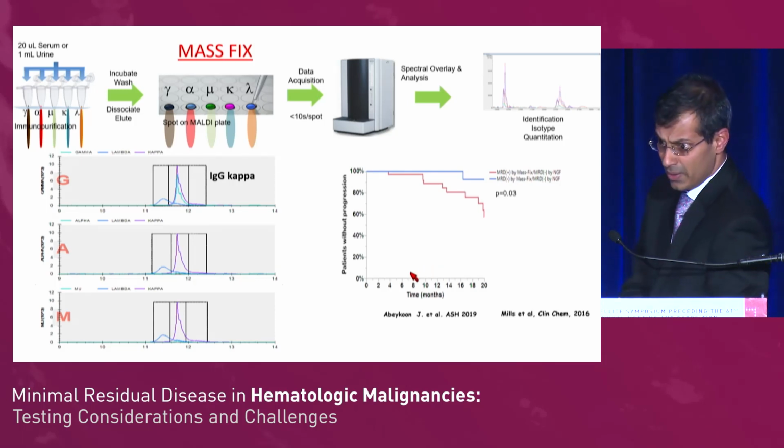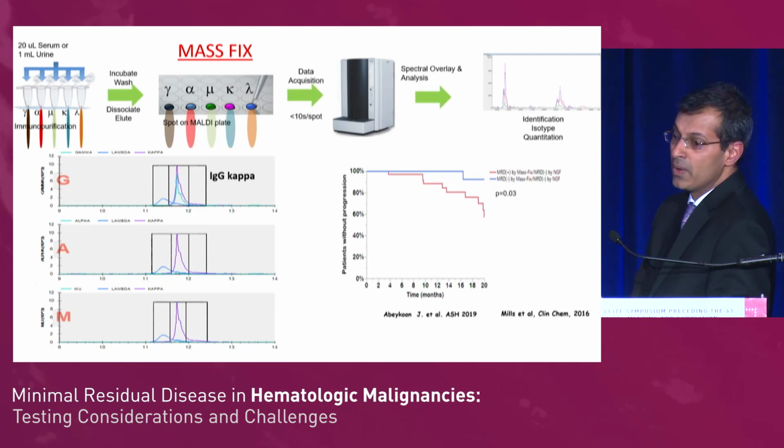And very recently at our institution, about a year and a half ago, we have started using a newer technology called MassFix, which is almost 10 times as sensitive as immunofixation testing, using a mass spectrometer to look at the unique light chain mass associated with each patient.